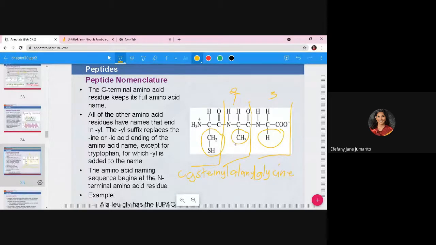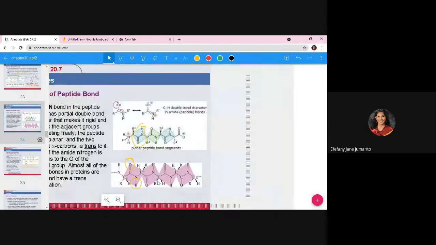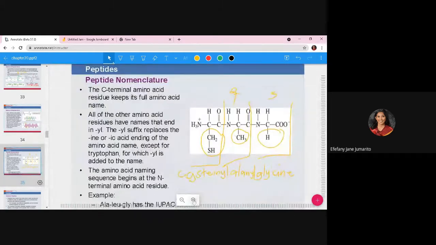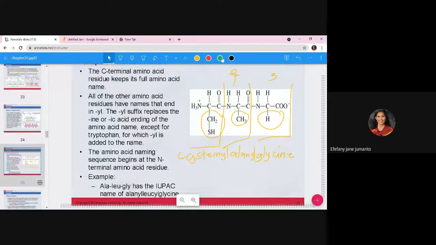Now, if we write it as an abbreviation, we write the first three letters of each amino acid.